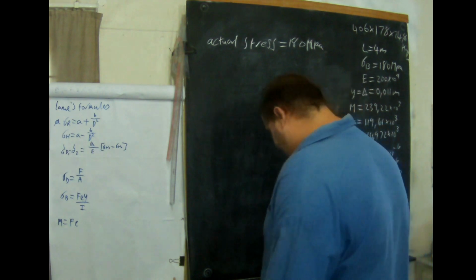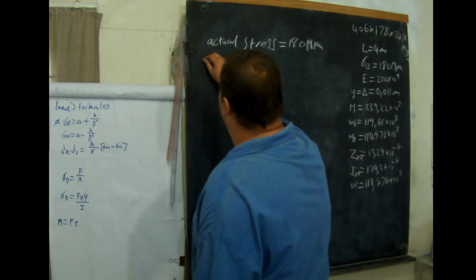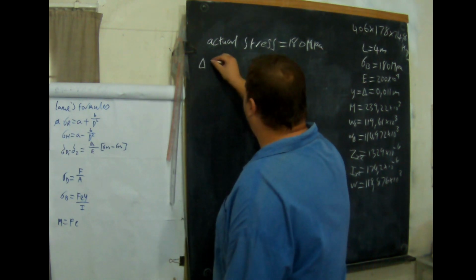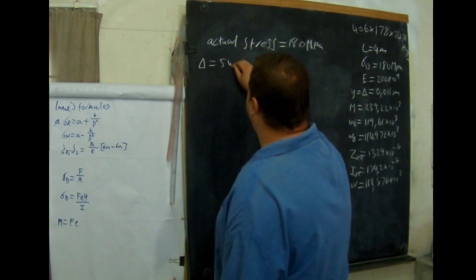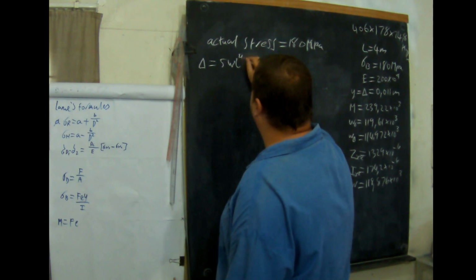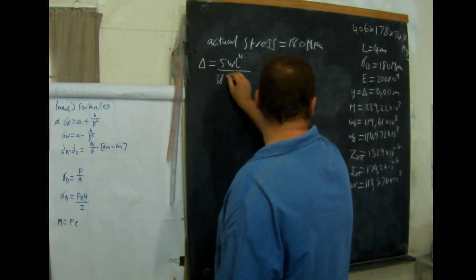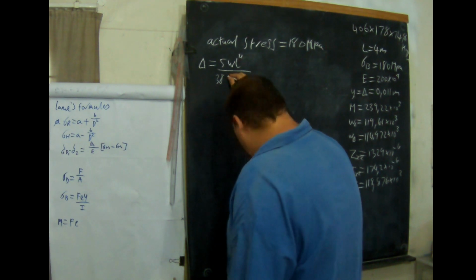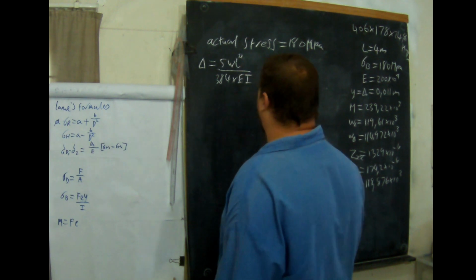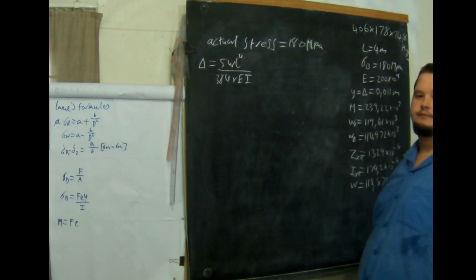Now for the actual deflection, so I'm going to do this as delta, because that is how I was trained. So equals 5WL to the power 4 all over 384 times EI. That is our formula.